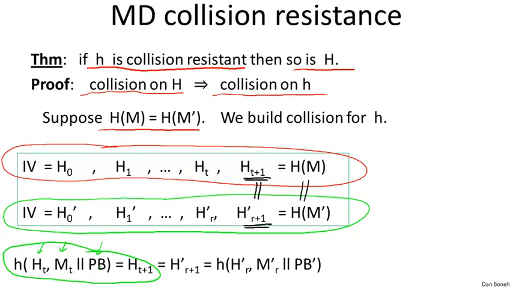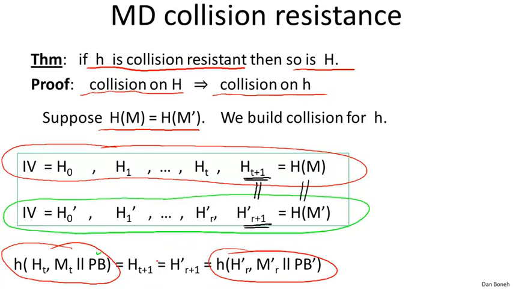So for simplicity, let's assume that the padding block fits with the last message block of capital M. So by hashing the last message block with the padding block and the last chaining variable, we obtain H t plus 1. And similarly, the same thing happens with m prime. By hashing the last message block and the last chaining variable, we obtain H prime r plus 1. And we know that since these two values are equal, all of a sudden we have a candidate collision for the compression function. Here, let me circle the candidate collision. This is one part of it, and this is the other part of it.